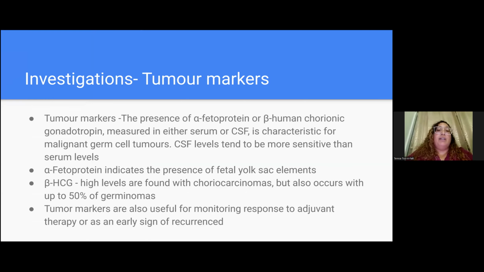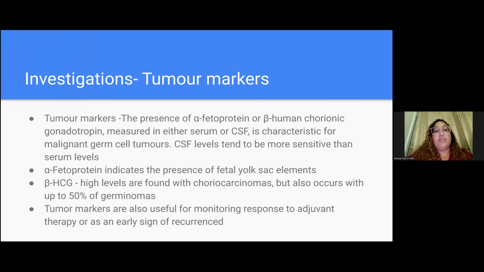Investigation. So tumor markers. Now, tumor markers are important in assessing these lesions. So the presence of alpha fetoprotein or beta HCG, whether it be in serum or CSF, is characteristic for malignant germ cell tumors. CSF levels, though, tend to be more sensitive than serum levels.